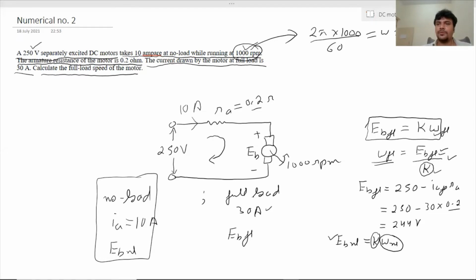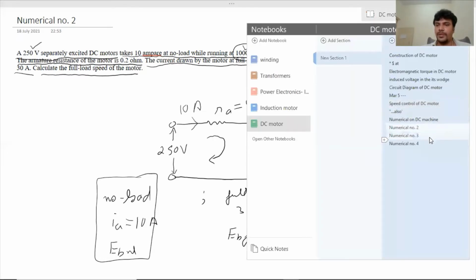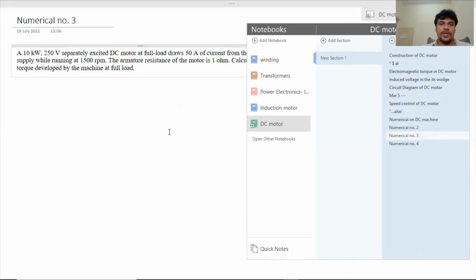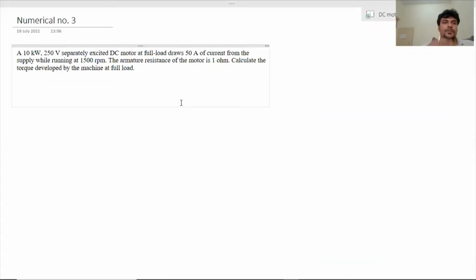Now let us do another question, numerical number 3. So here is our numerical. What this says, again we are talking about a DC motor, a 250 volt separately excited DC motor. And here one more data is given, that it supplies 10 kilowatt, that the DC motor can supply 10 kilowatt maximum.